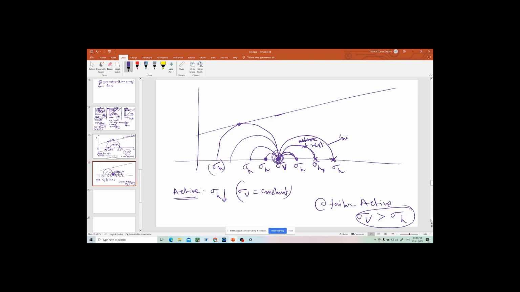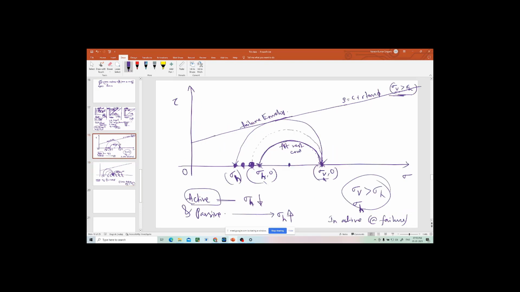In reverse, in the passive condition, suppose this is the initial condition. Sigma h is here, sigma v is here. Sigma h only should change in the passive also, but in this case, sigma h should increase. When sigma h is increasing, suppose I have increased up to here, then a new circle will be formed here.